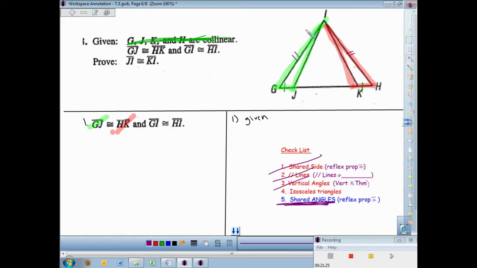A lot of people want to say, oh yeah, you got angle I and angle I in each triangle, and that's not really going to work, because if you name this angle right here, it's angle GIJ. If you name this angle right here, it's angle HIK, and those are not the same name. If you were going to mark them, you would only put one arc mark.